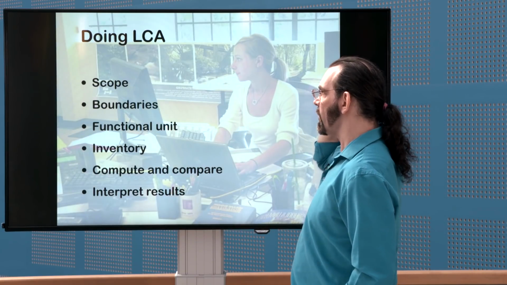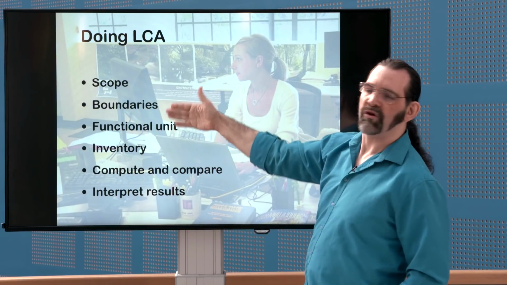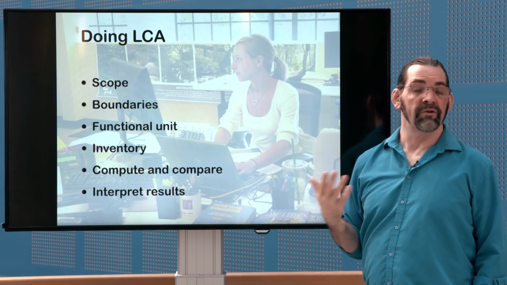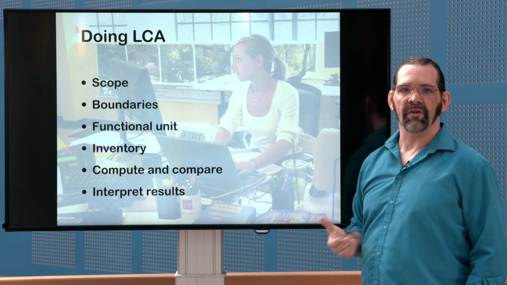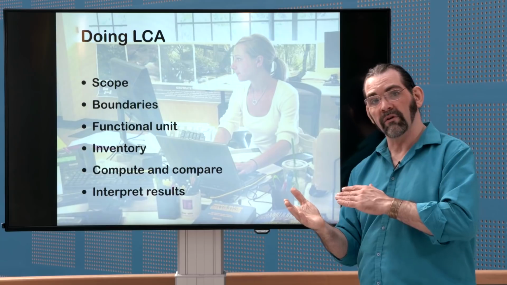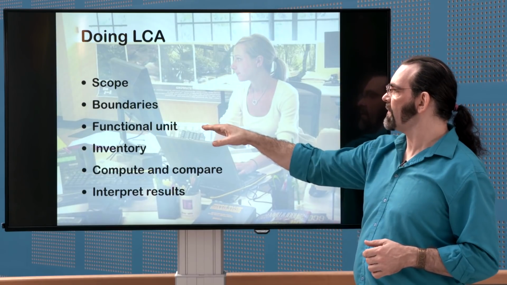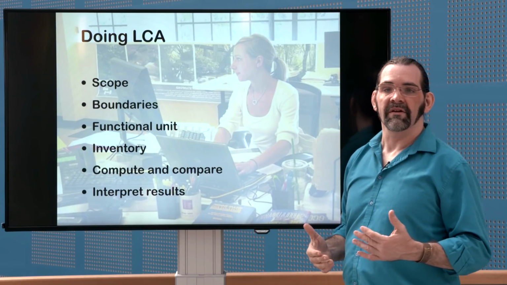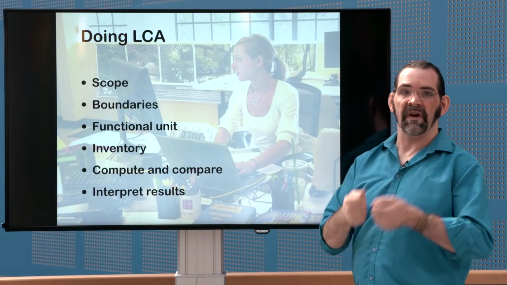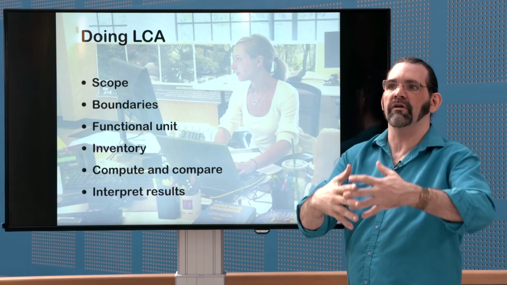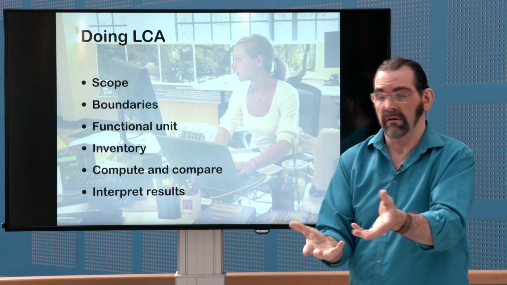So you first of all set a scope and your boundaries. So the scope is basically, why are you doing this? And that sets the boundaries of what you are going to count and what you're not going to count in your analysis. And then there's the functional unit, which is, how are you going to make fair comparisons? And are you going to say environmental impacts per unit of what?